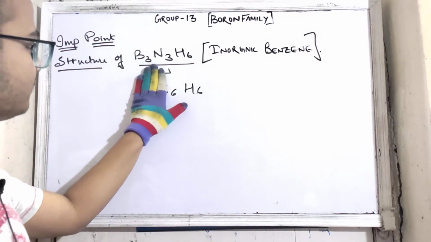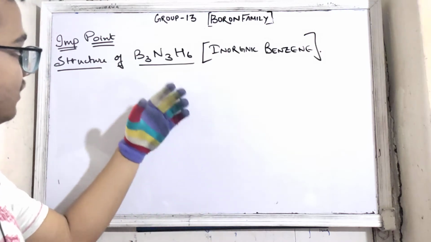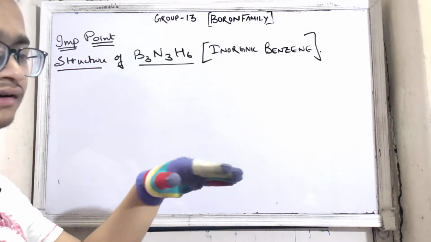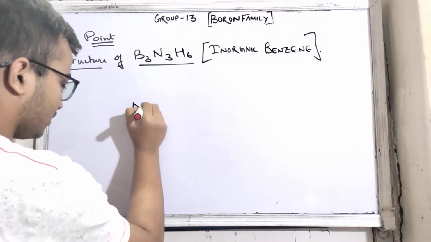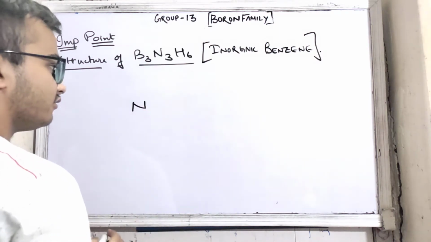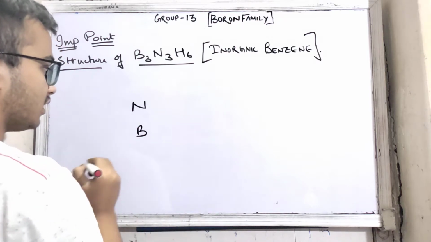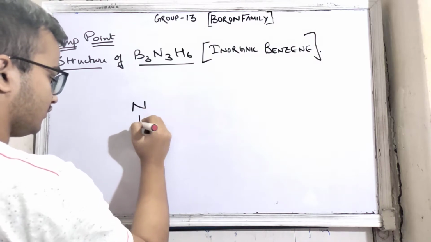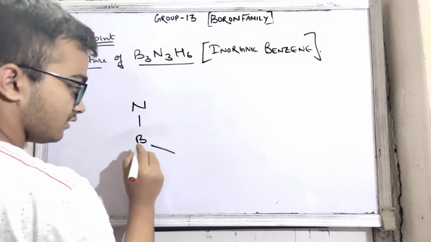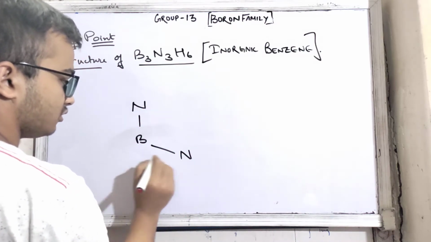Now for drawing this, we will alternately add boron and nitrogen in the ring formation, right? So let's see. I take one nitrogen here, so the next one will be a boron. I need to form a 6-membered ring. So again this will be a nitrogen because boron is there.